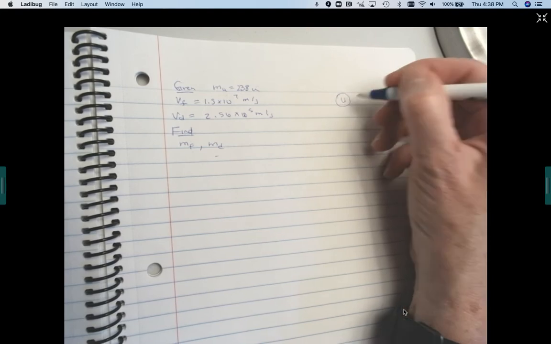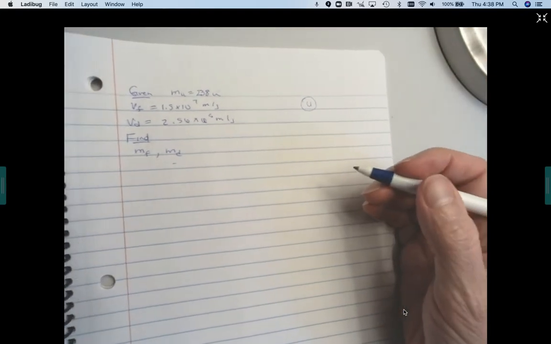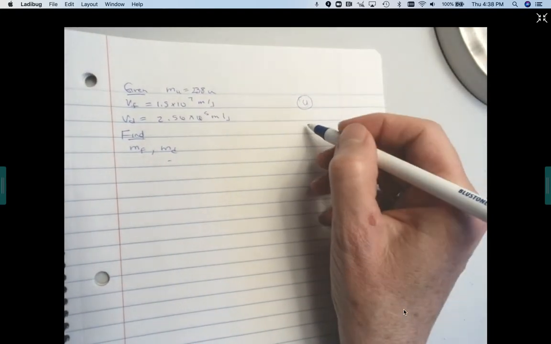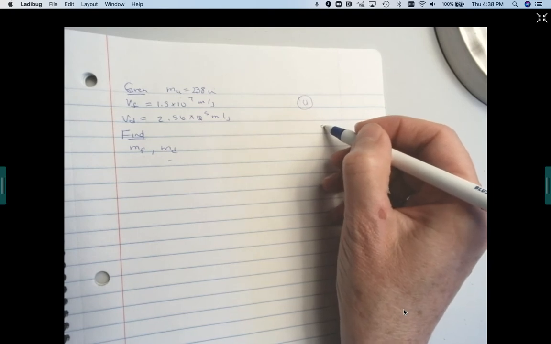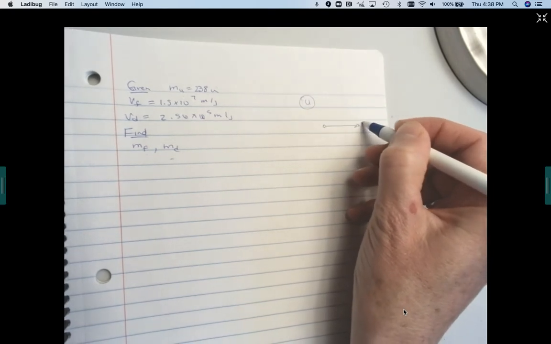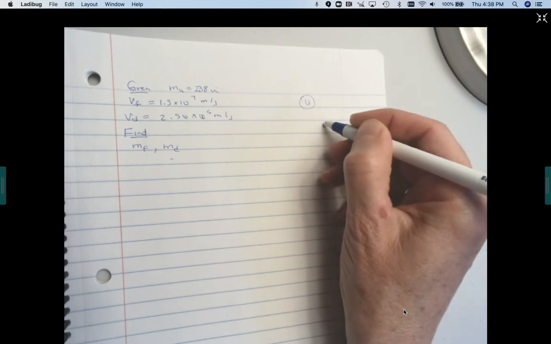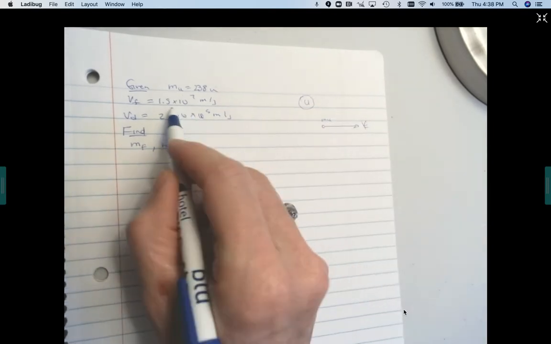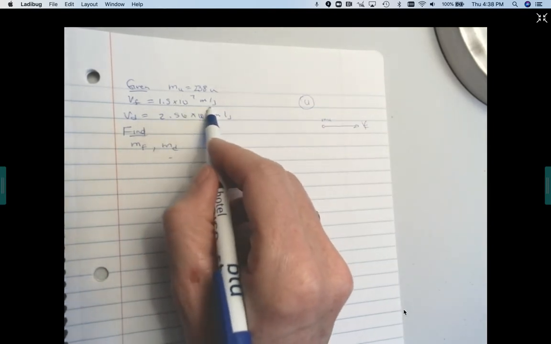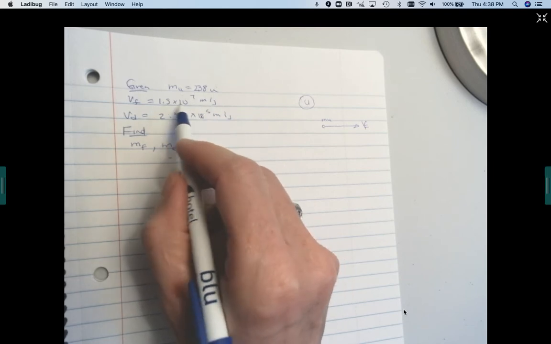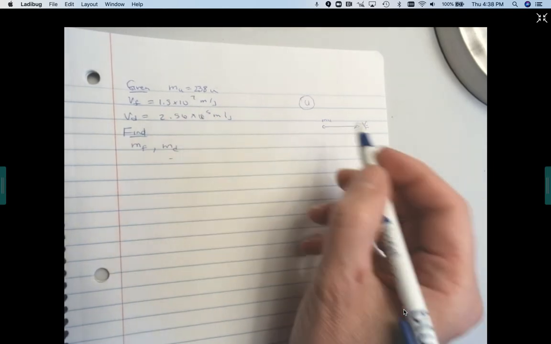Okay, so let's say this is our uranium before, and then there's a radioactive decay, so we get a little fragment piece that shoots off with a very high speed. Right, 3 times 10 to the 8 is the speed of light, so this is a significant fraction of the speed of light.